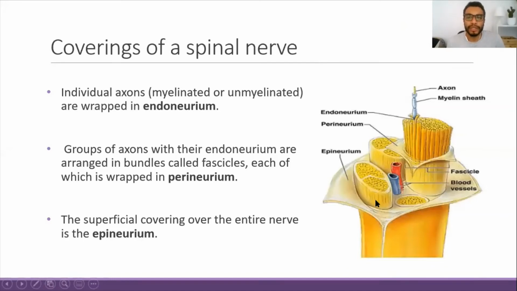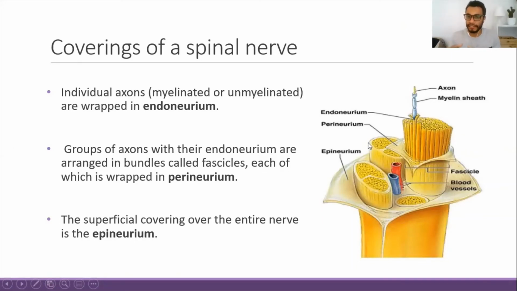When we take a look at a transverse section of a spinal nerve, what do we see? We have some coverings covering the spinal nerve. We have individual axons that you see here.